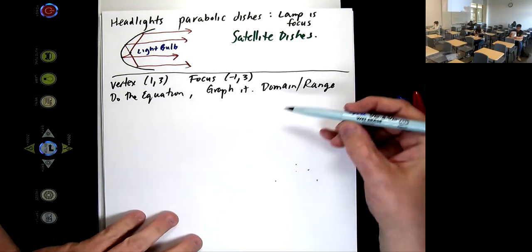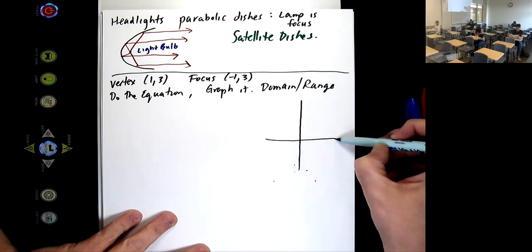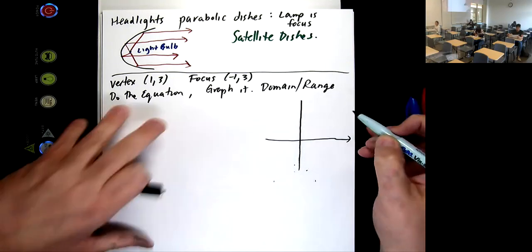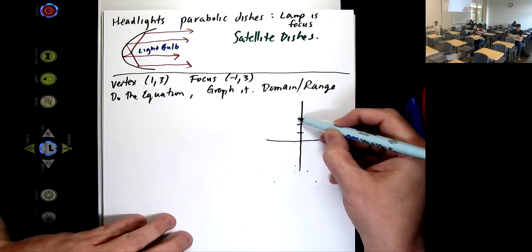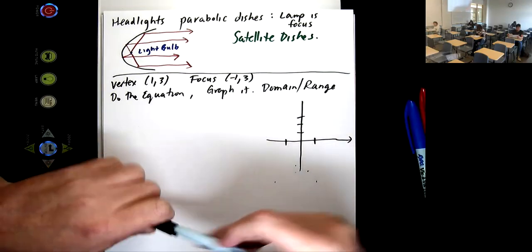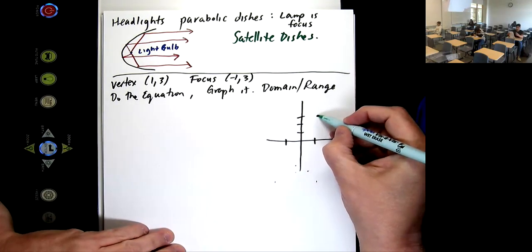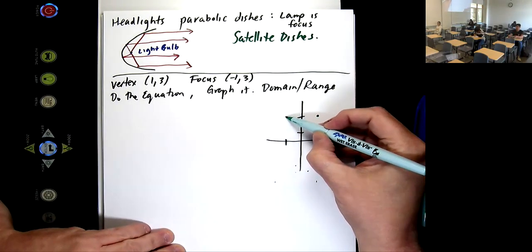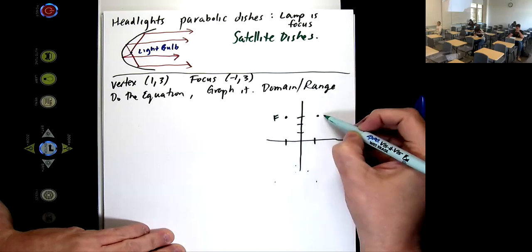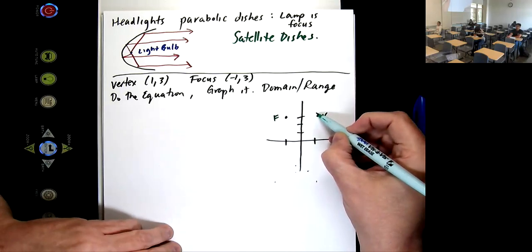All right, let's take a look at the graph. I've got a vertex here and my focus is here, which means the graph is opening left.